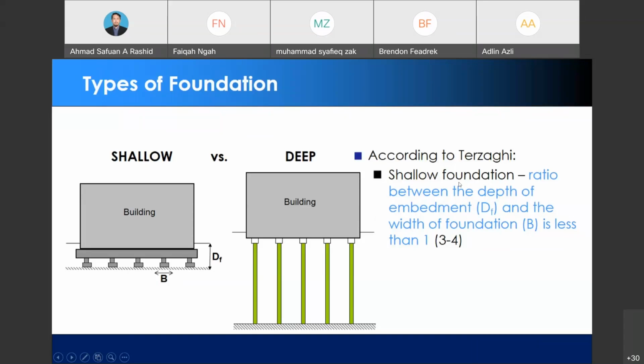Okay. So kalau shallow, the ratio between D dengan B is less than 1. So if greater than that, so we consider as a deep. Sebab shallow dia tak boleh tahan lateral load compared to the deep. And okay.